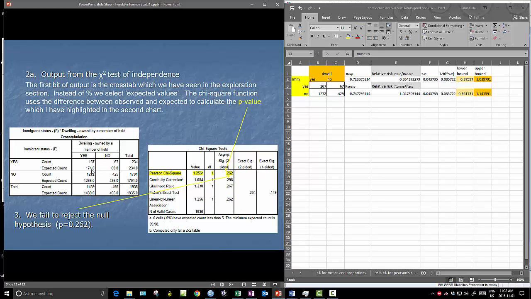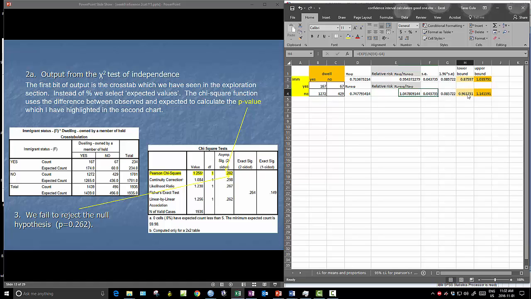So this is observed versus expected, so this is not the percentages table here. And in the Excel file, we look at the relative risk. This is the one we found because we said the no's versus the yeses. So 1.048 more times likely. And now these are all the calculations and this is the output.